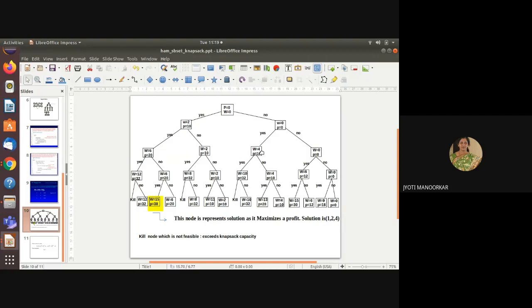Then at this portion we consider the second element. My weight will become 4 and profit will become 10, because the second element's weight is 4 and its profit is 10, and the current capacity I am left with is 15. So 4 is less than 15, so we can create this internal node and assign the weight and profit to it.